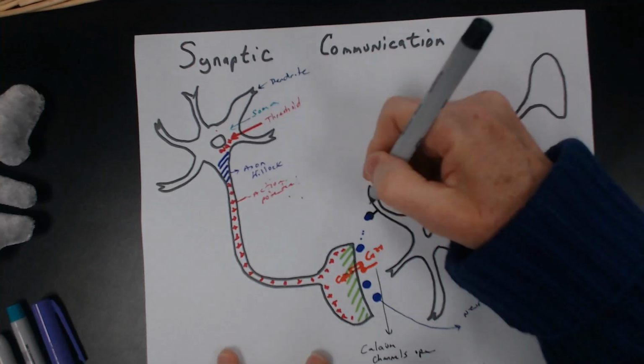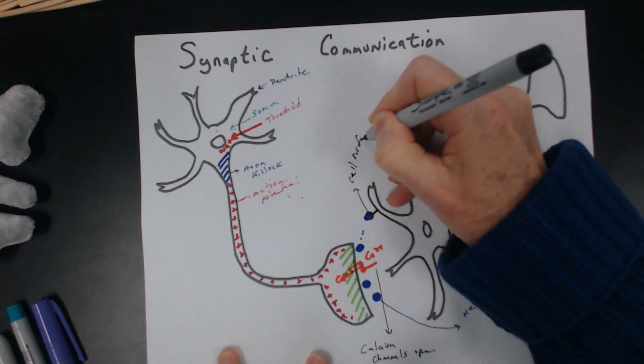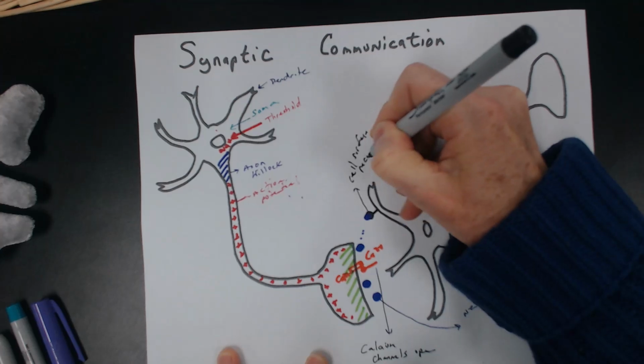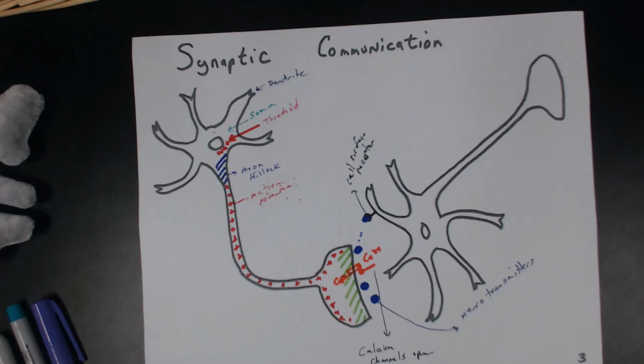Label that as a cell surface receptor. So, as far as neurotransmitters are concerned, does anybody know any neurotransmitters? Acetylcholine, sure. Dopamine's a good one.